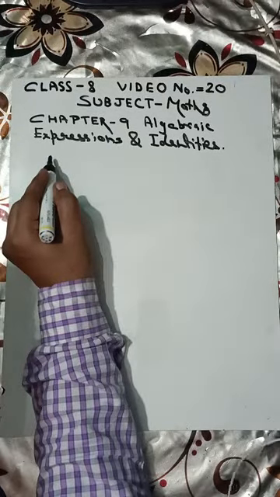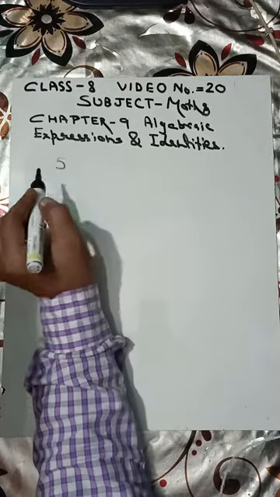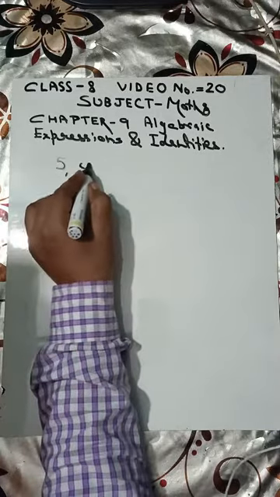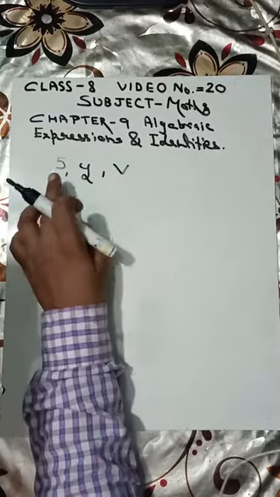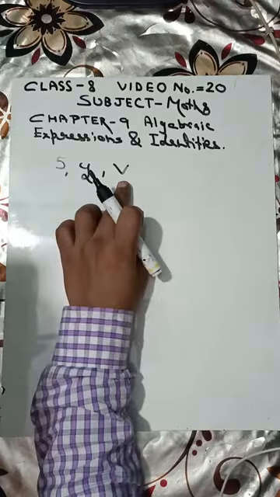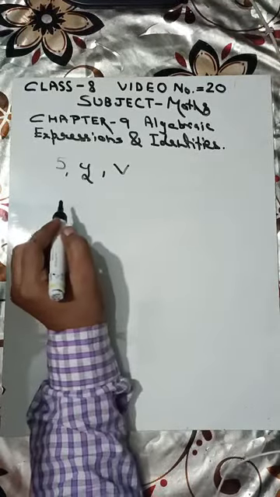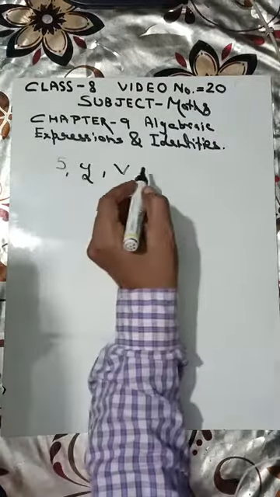Okay, if I ask you to write 5, you will write it like this. 5 is also written like this, and like this. In Hindi it is like this and in Roman it is like this. Now these are the symbols for writing 5.